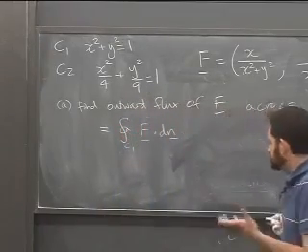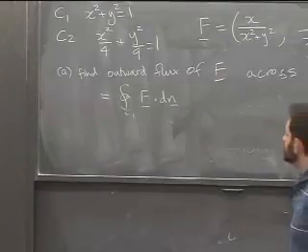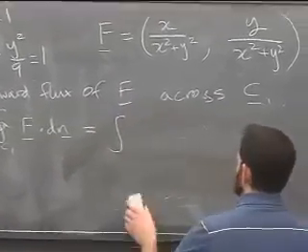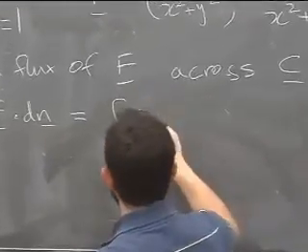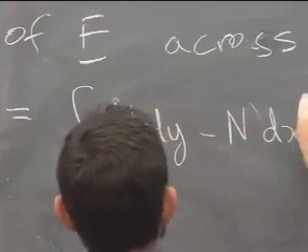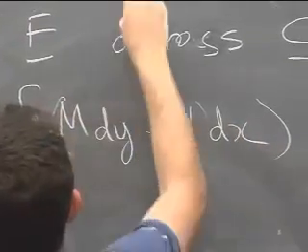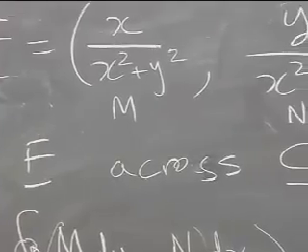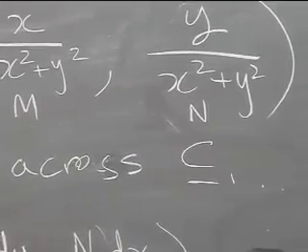It's really good to know that formula, M dy minus N dx, where this is M and this is N. All right, so let's just substitute that in.